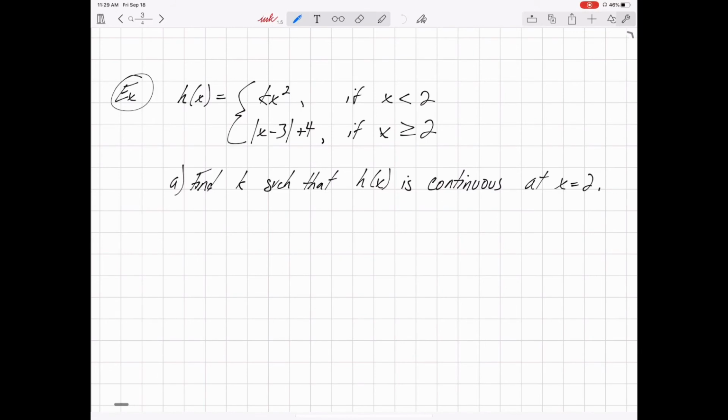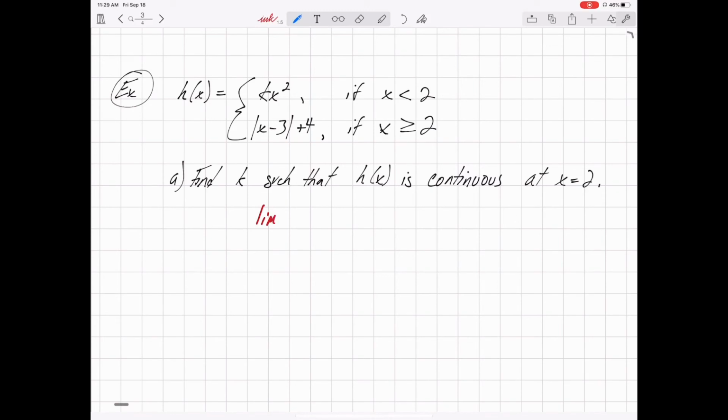Based on the three conditions we talked about at the outset, we'd have to find the limit. So it would be the limit as x goes to 2, and we have a piecewise function, so we have to take a left-hand limit and a right-hand limit. We would use the function h of x, and since we're coming from the negative side, we're going to use this top function, and we would have k times 2 squared equals 4k.